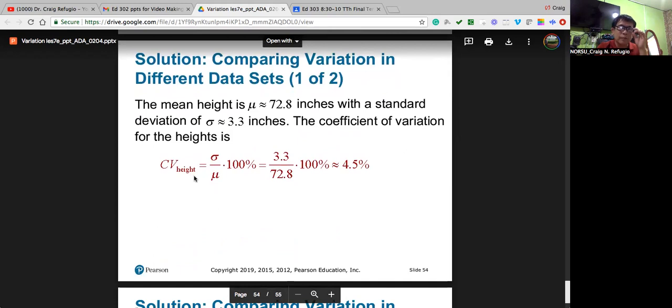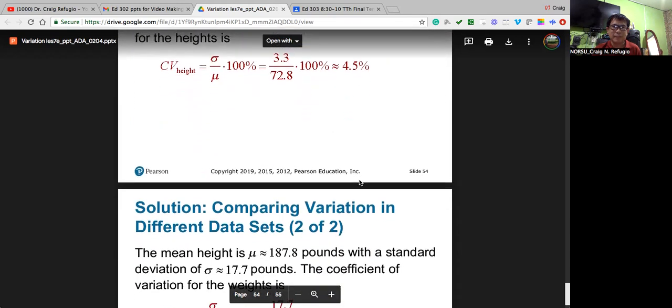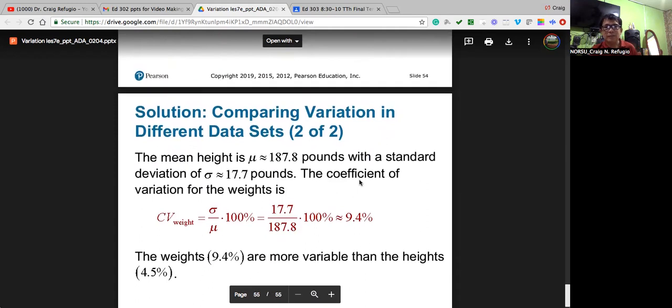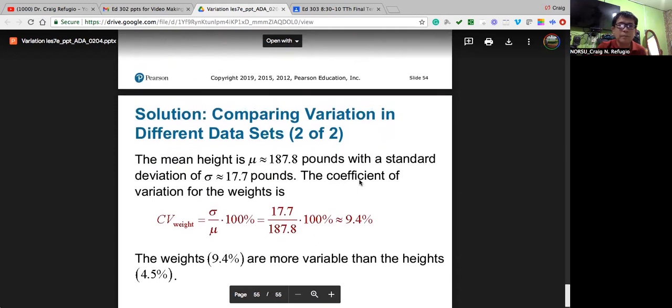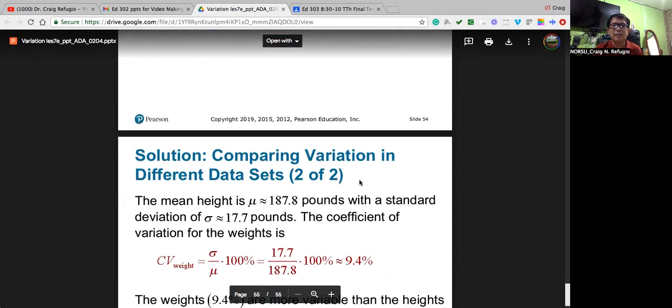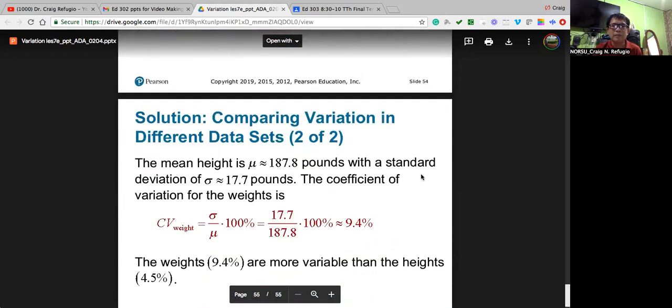So CV is equal to sigma divided by mu times 100%. So 3.3 divided by 72.8 times 100%, approximately 4.5%. Now for the weights, the mean is approximately 187.8 pounds, and the standard deviation sigma is equal to 17.7 pounds.